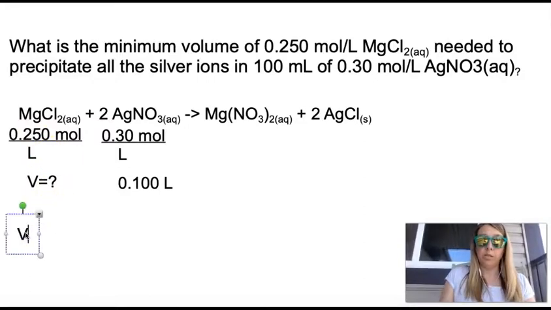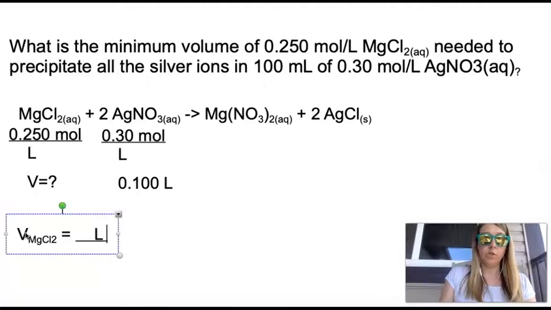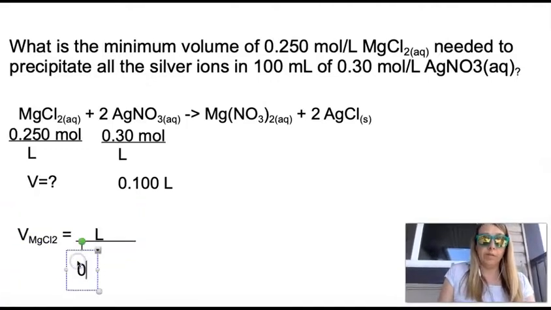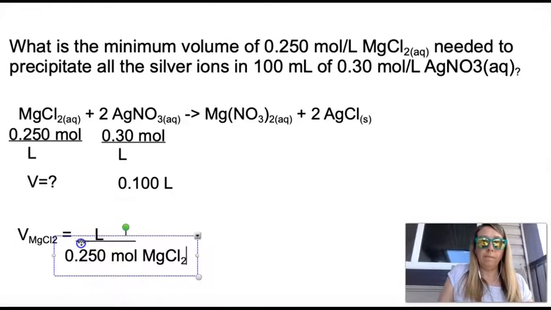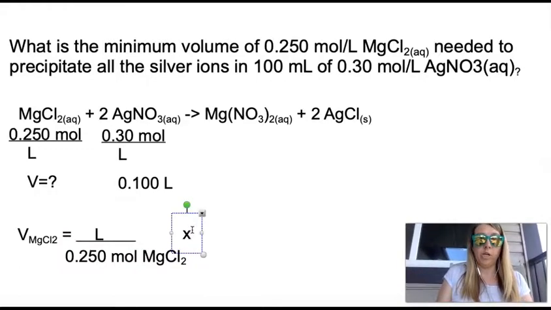Okay, so to solve for the volume of magnesium chloride, we are going to start by taking that concentration and flipping it. So we're going to do liters over 0.250 moles of MgCl2. Okay, so that has now placed my liters. I need to get rid of moles of MgCl2. We're going to do that using a ratio, right?